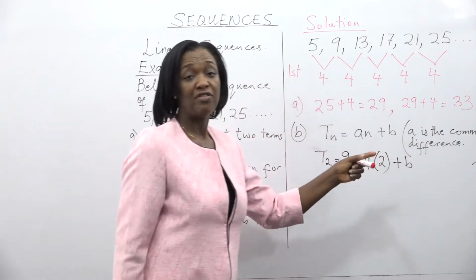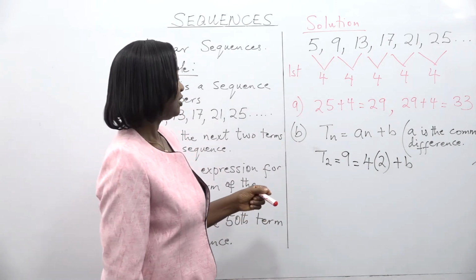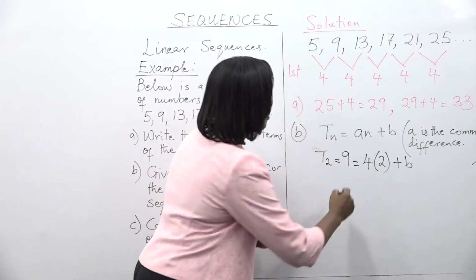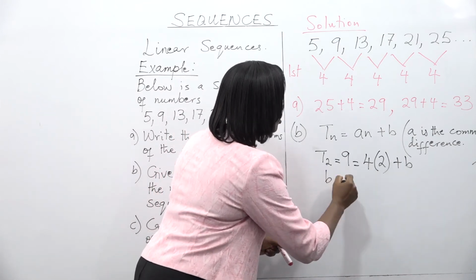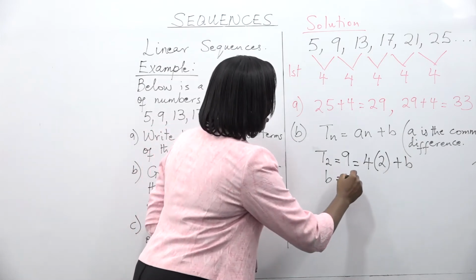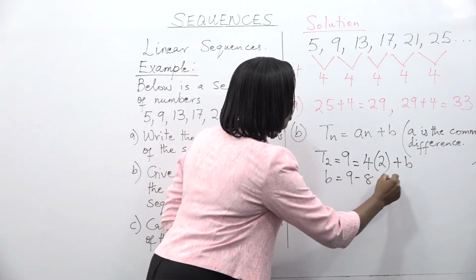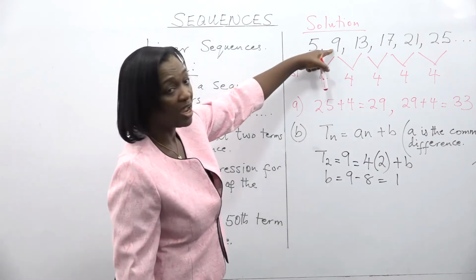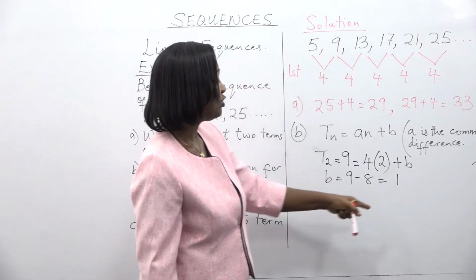We want to find the value of b. So b will be equal to 9 minus 8, which is equal to 1. We have used the second term that we know to find the value of b.